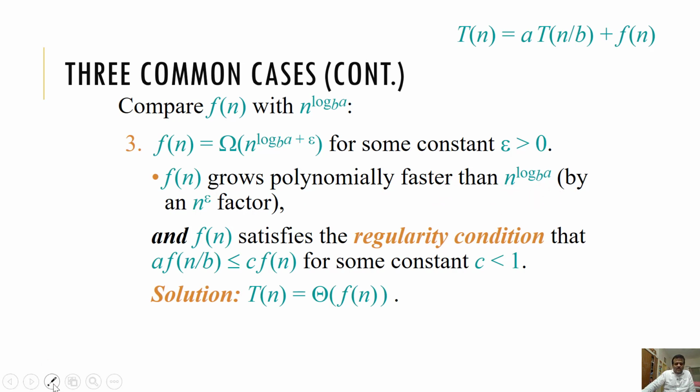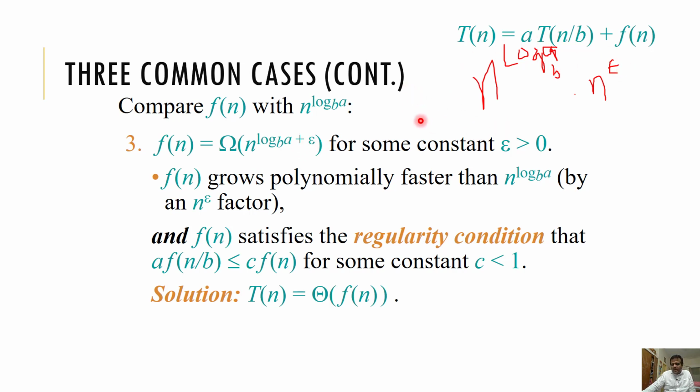If we have n to the power log a base b and multiply it with a polynomial factor n to the power epsilon, that is n to the power log a base b plus epsilon, then also f(n) is more.